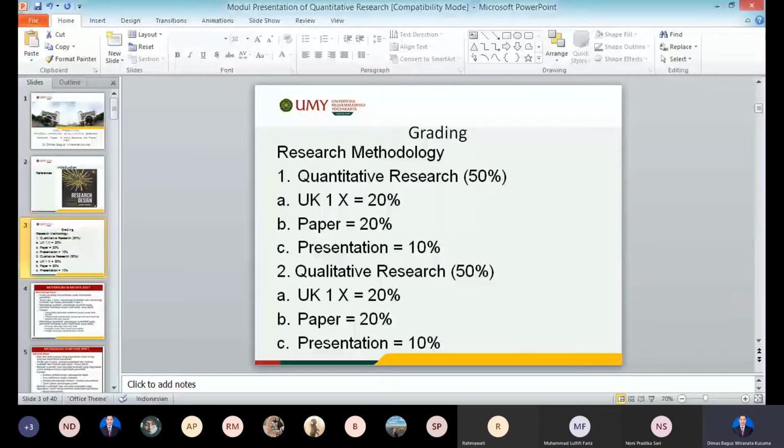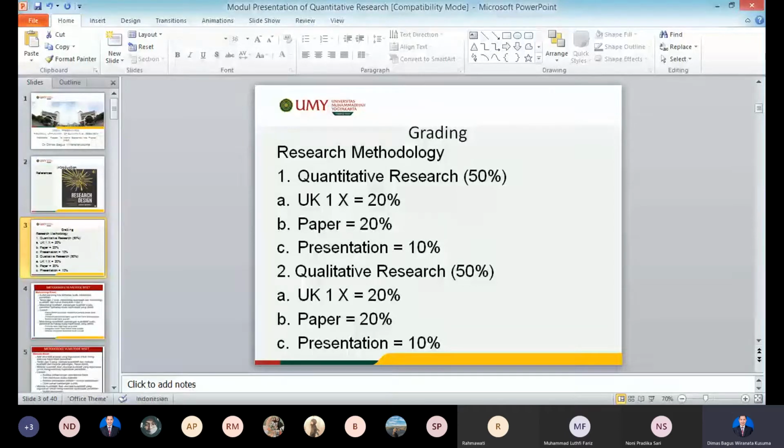And this course will be assessed through three different approaches. The first one is a test of competency, one time only, in one meeting. It is around 20%.